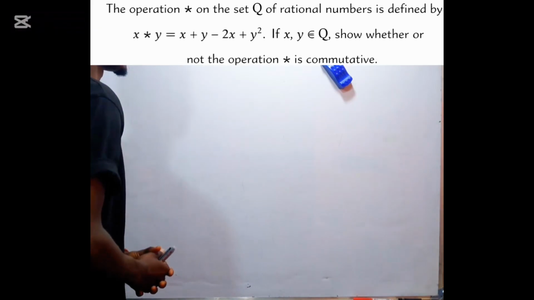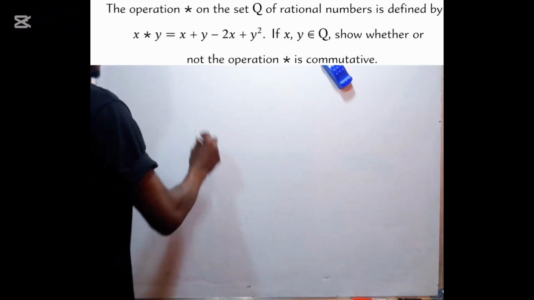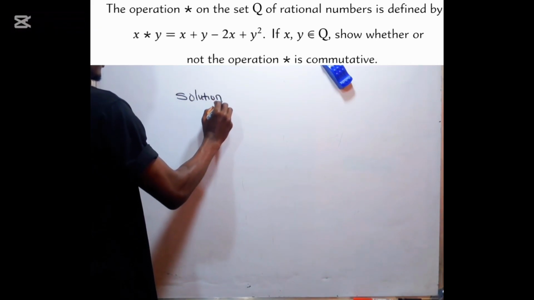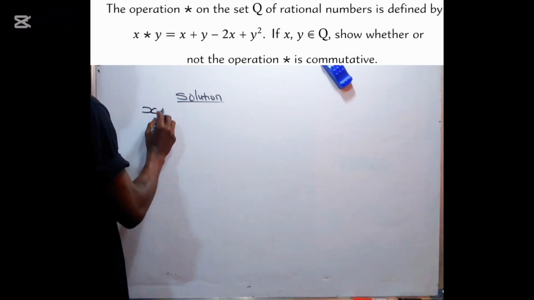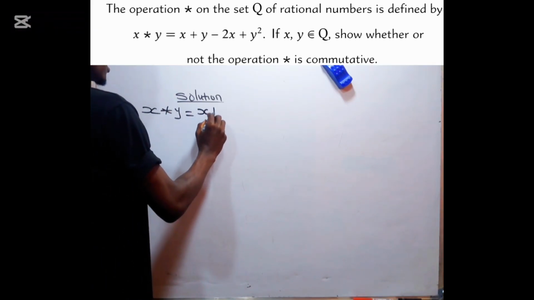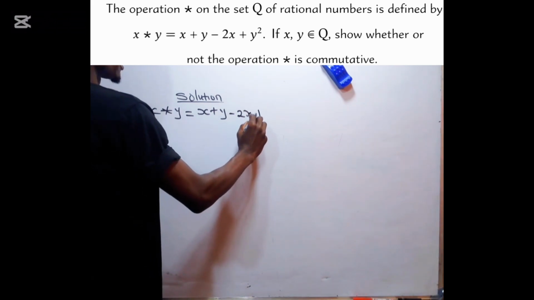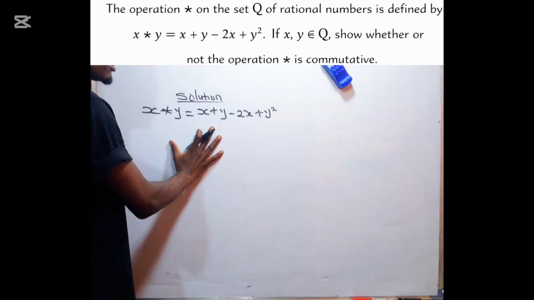So this is to show if the binary operation is commutative. Solution. The binary operation is given as x asterisk y equals x plus y minus 2x plus y squared. We have to show if this binary operation is commutative.